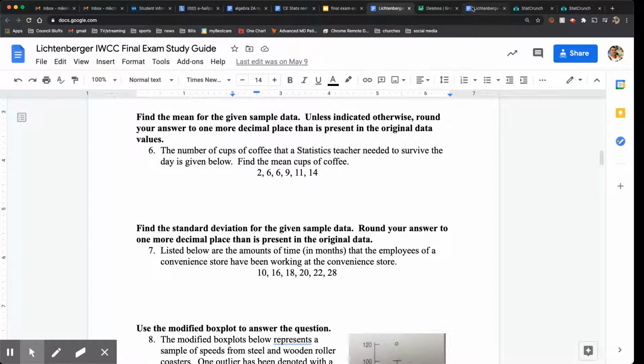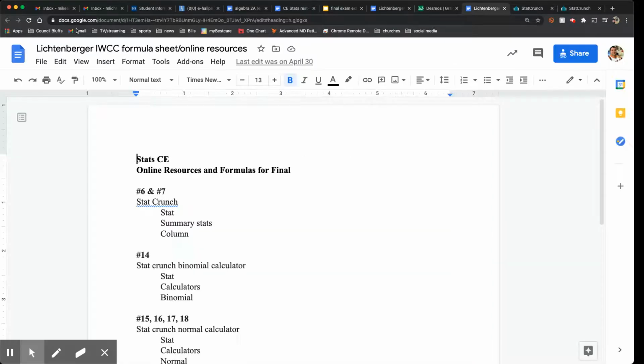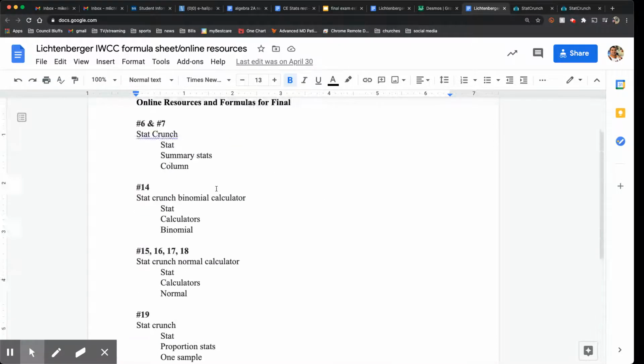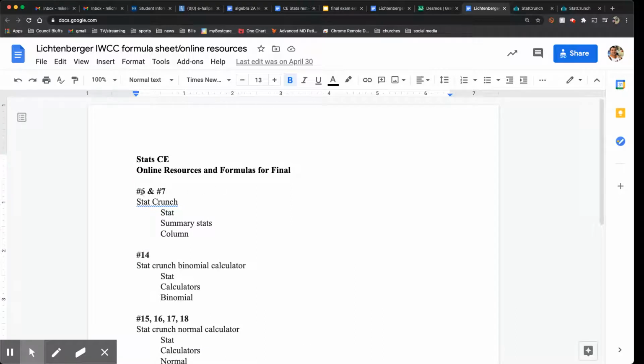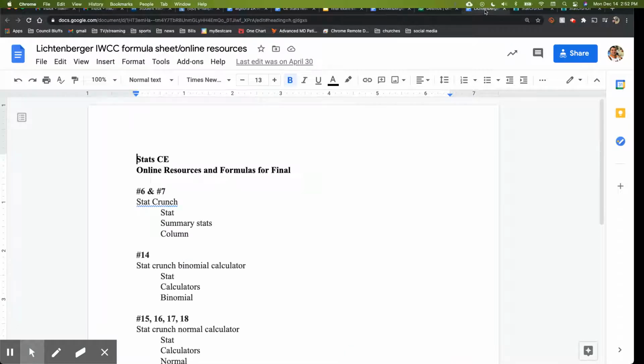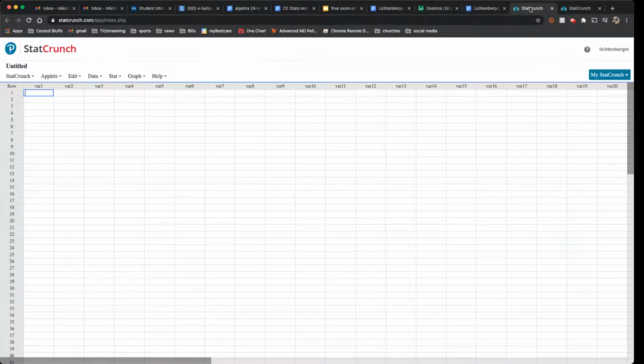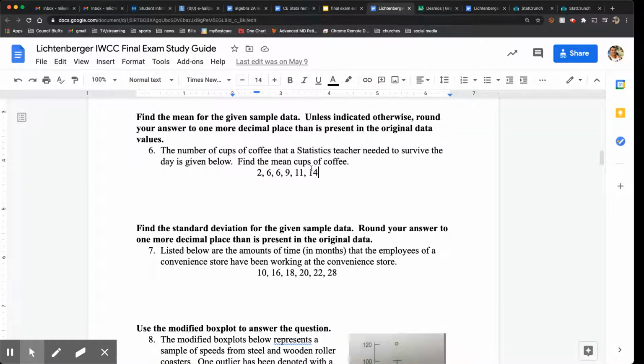Now, one of the other documents I shared with you is this reference sheet and online resources for your final exam. So one of the things, we are on number 6. This is one of the ones we can do on Statcrunch. So the first thing I'm going to do is take the numbers here.